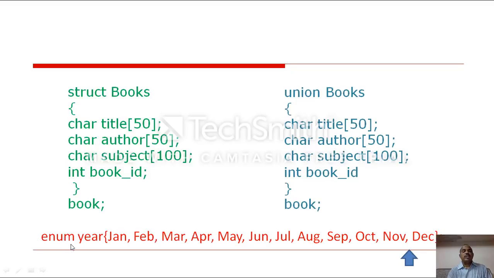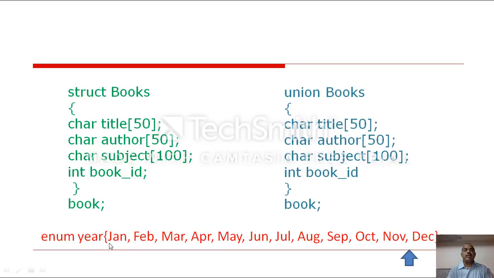Then with the enumeration data type, here year of 4. So simply display year of 4. What is the value? Simply the values assigned are 0, 1, 2, 3, 4. It displays May. Clear all of you?